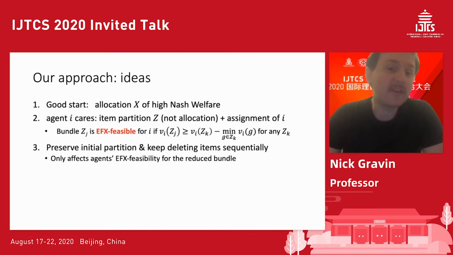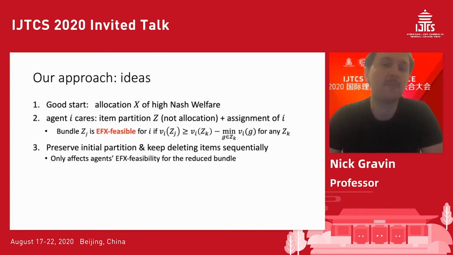The nice thing about sequential deletion is that whenever we delete one item from a bundle, we don't really remove edges in our EFX feasibility graph. So people would still like to get other bundles if we didn't touch them at all, right? The only changes will be with respect to the bundle from which we removed an item. Actually, we might even remove some potential envy.